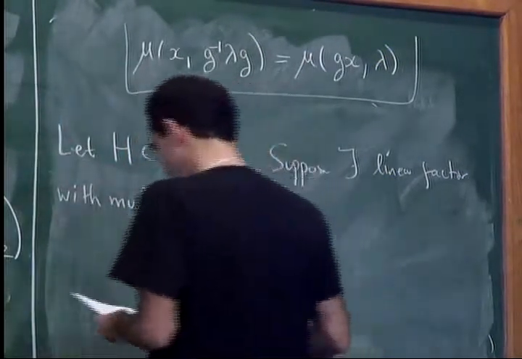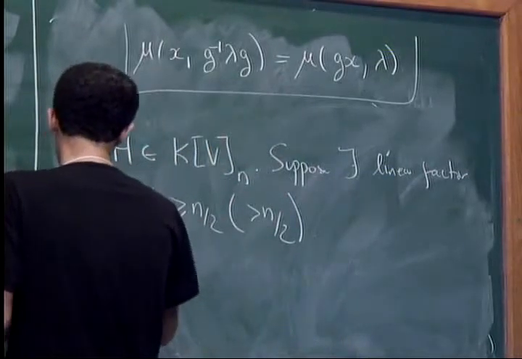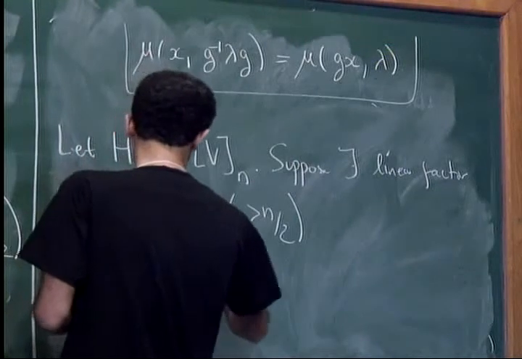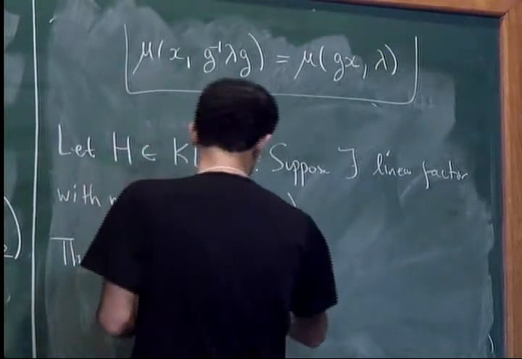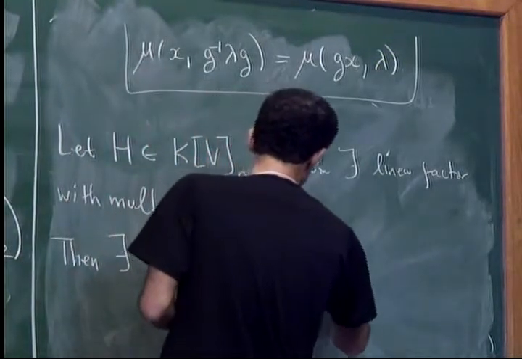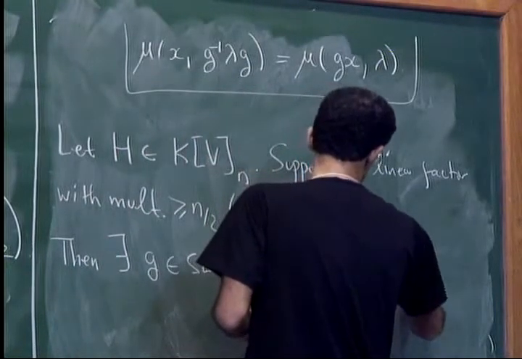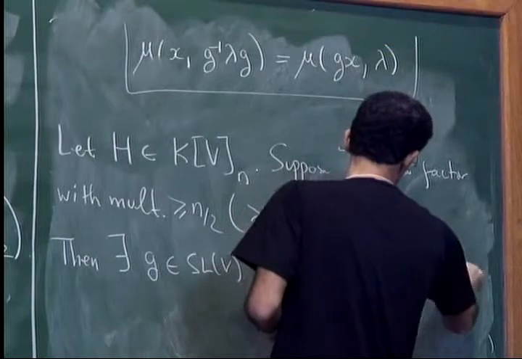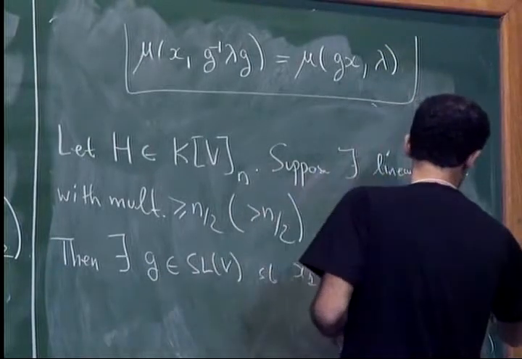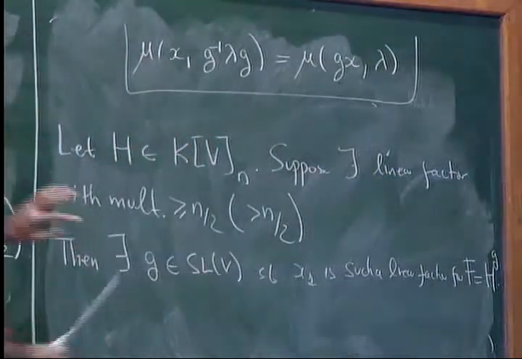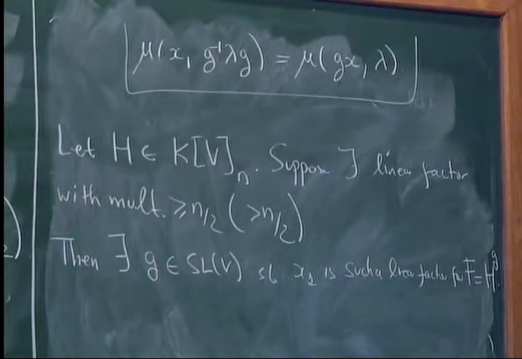So suppose that, then, of course, there is a g. There is a linear transformation such that x1 is such a linear factor for the polynomial hg. Okay, so you take the translate such that this linear factor becomes x1.